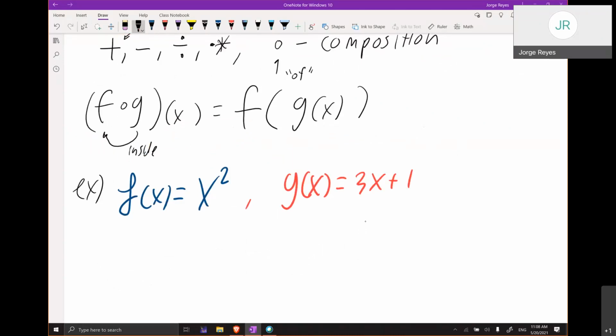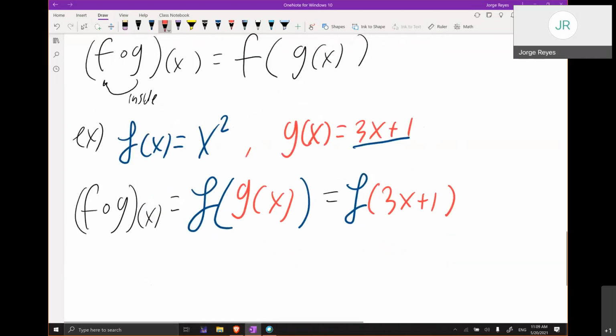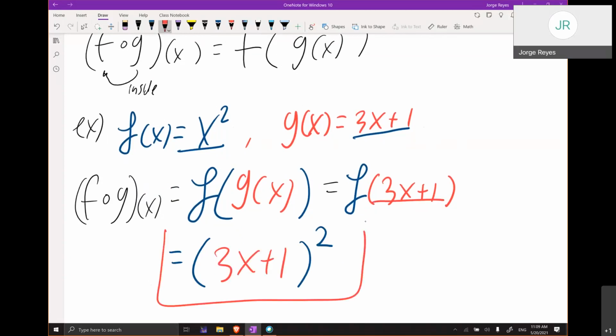So if I have f of g of x, that's f, and I'm going to stick g inside. g is this, so f of 3x plus 1. And f is that, so it's squared, and I stick this inside, and ta-da, it is this.